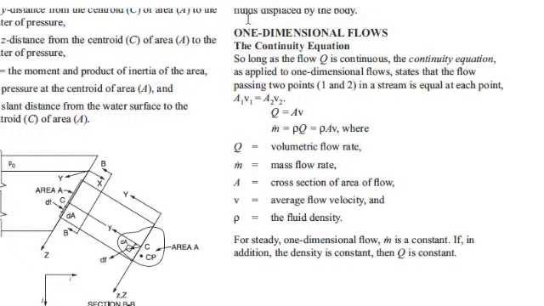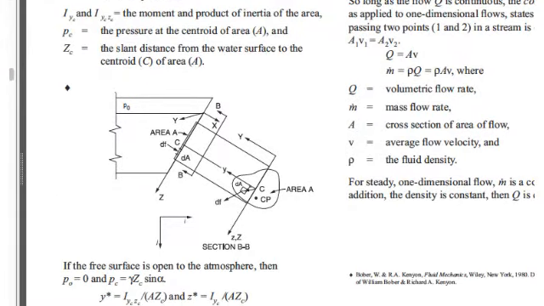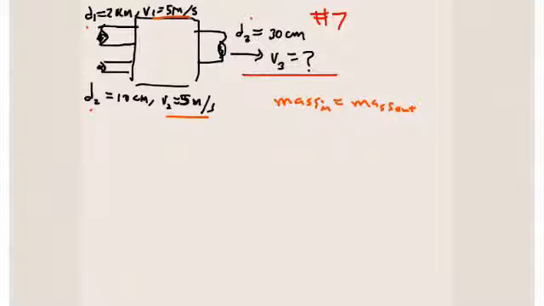And as long as the flow is continuous, we have that A1 V1 equals A2 V2.